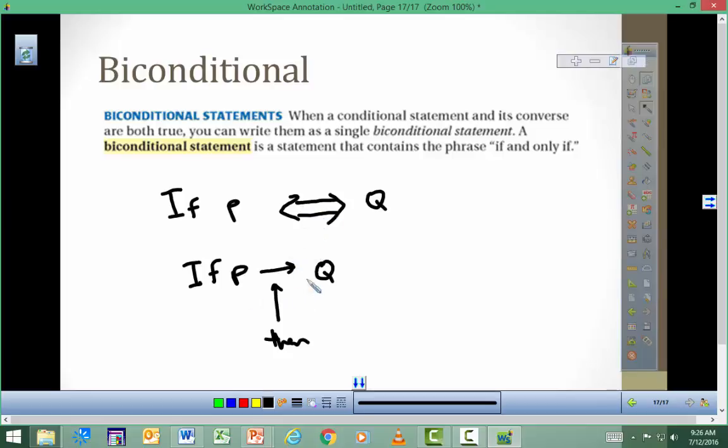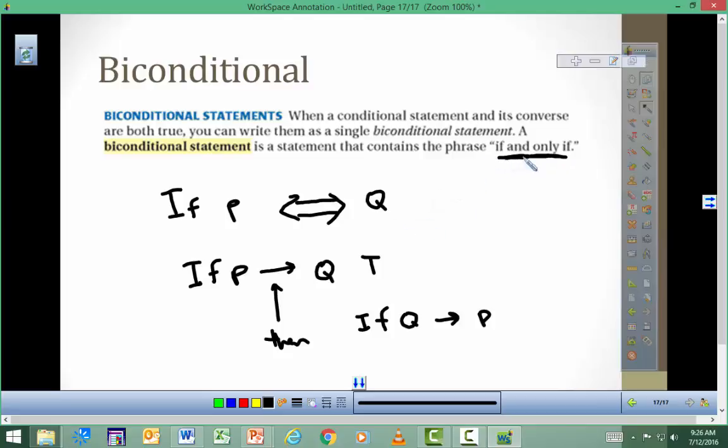What it's saying is that if you switch the P and the Q, it will be true also. And so the converse would be if Q then P. Well, this symbol up here combines both of these statements into one statement. And when we do that, we always use this little phrase, if and only if.